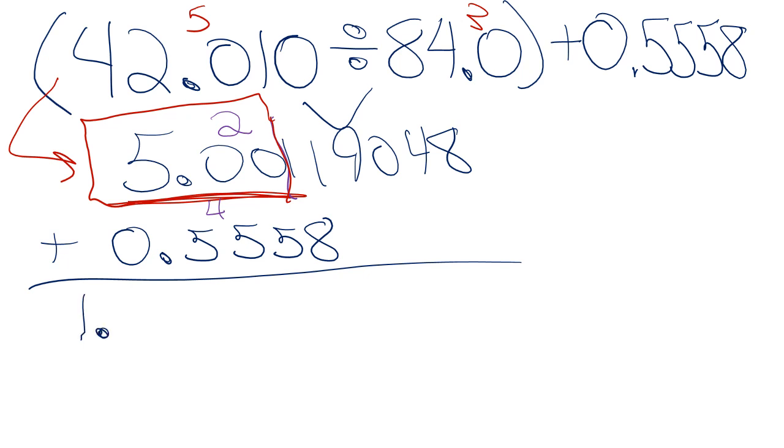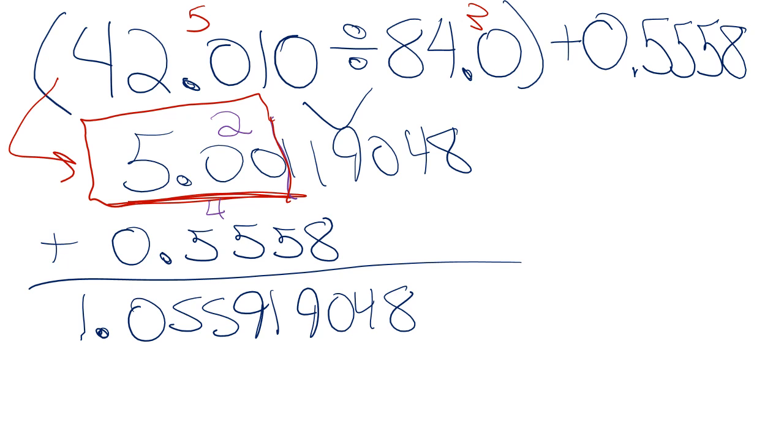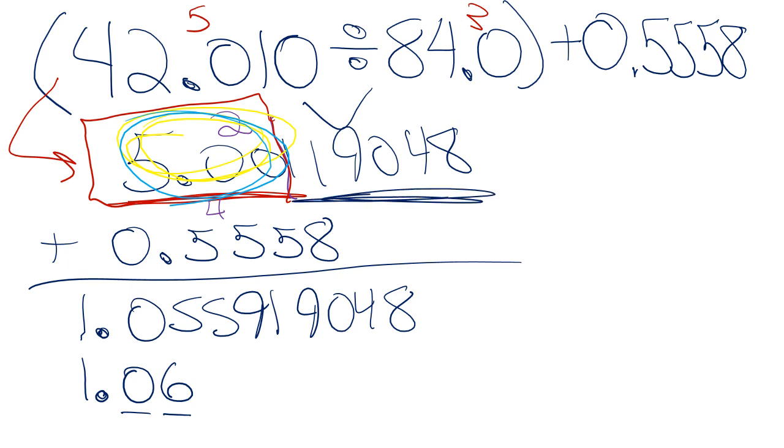I'm going to get 5.55919048. Since this number here has 2 after the decimal and the number before it has 4, the final answer is going to have 2 after the decimal. Even though we added these, we almost just have to ignore it. So the final answer to this is 1.06.